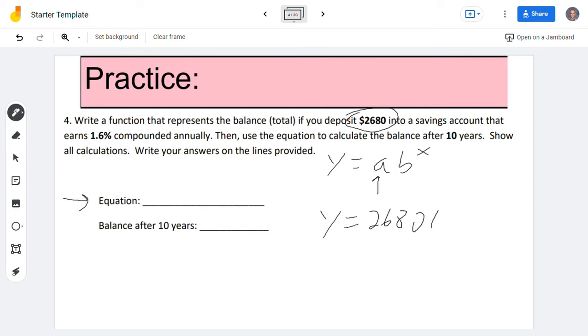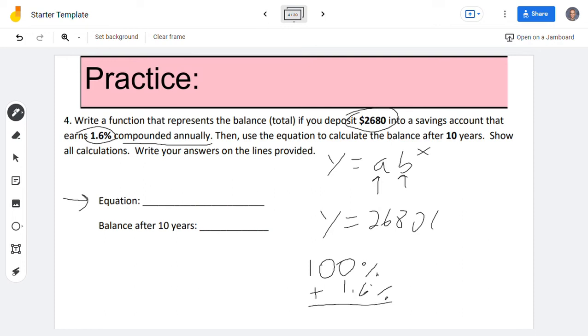And we're going to find our constant multiple by using this percent of interest. Now we are compounding annually, which means we're growing. This is exponential growth. So we need to stop for a second and think, what would our multiple be? Well, 100% represents our starting percent, and we're growing or adding 1.6% to that.